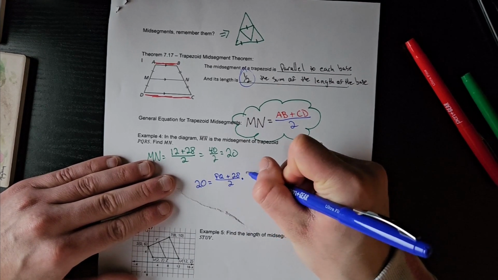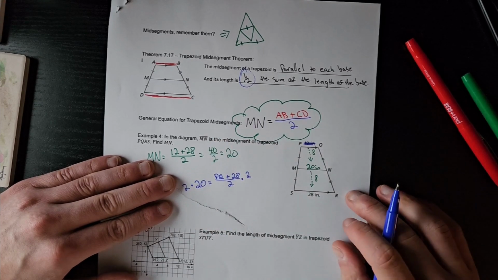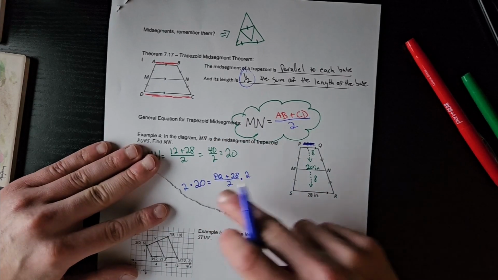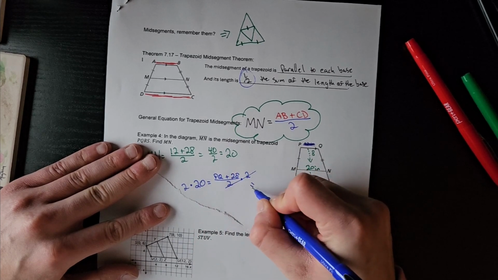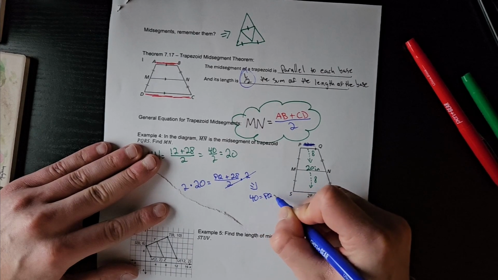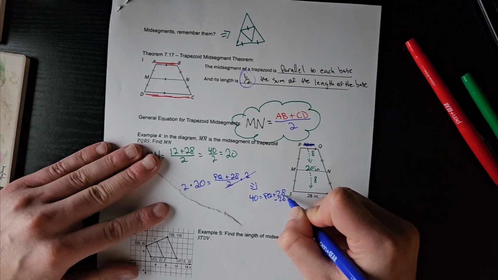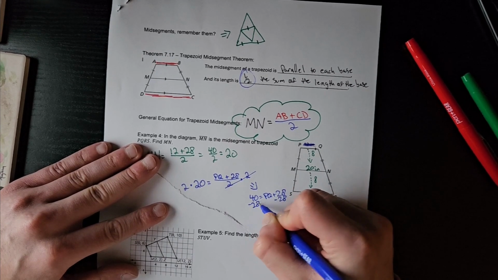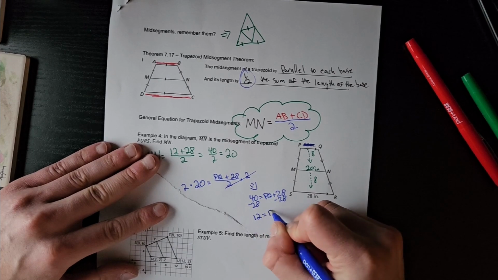So I'm going to end up multiplying the 2 on both sides to get rid of this fraction. So I will end up with 40 is equal to PQ plus 28. And then I can subtract this 28 over to the other side to get PQ by itself. And now I'll end up with 12 is equal to PQ.